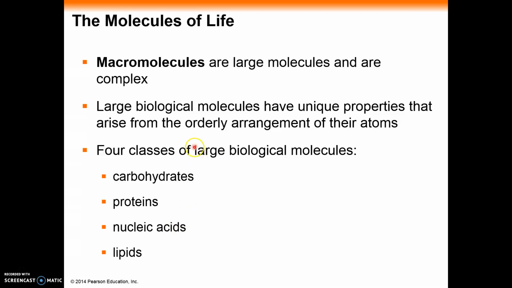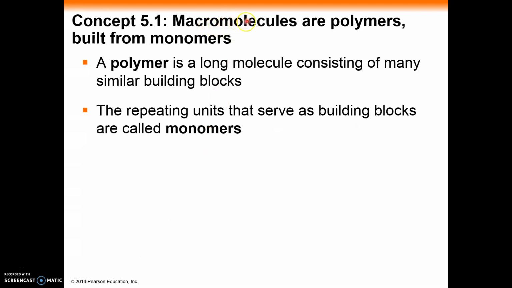Now, coming back to concept 5.1, we now understand what macromolecules are, but this states that they are polymers built from monomers. So what does this mean? A polymer is simply a long molecule consisting of many similar building blocks. We see lots of polymers in the world around us.